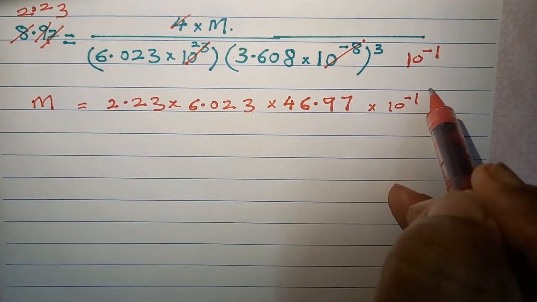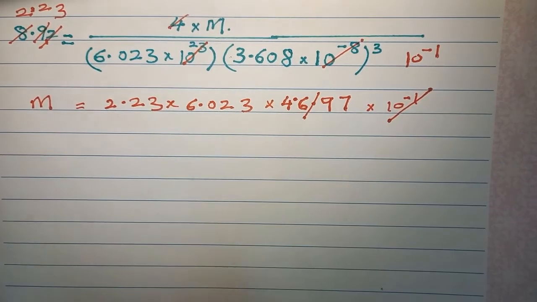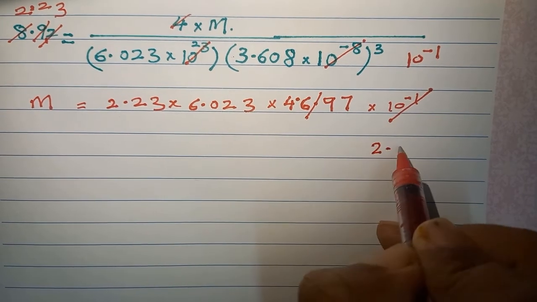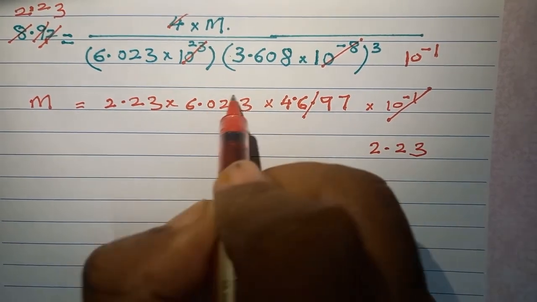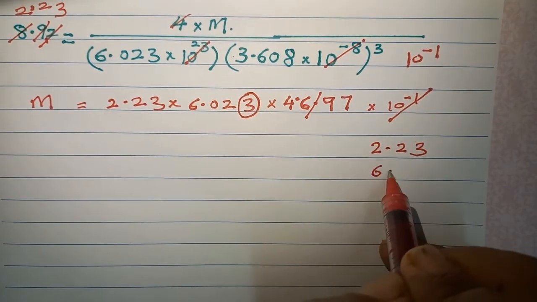If we cancel 10 raised to minus 1, then decimal points will be changed. Now 2.23, we can neglect this. 6.02.